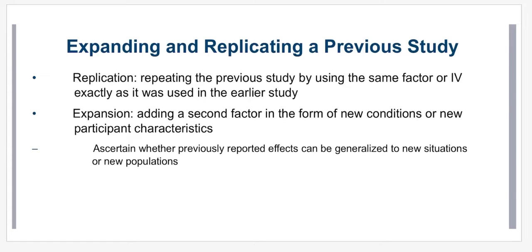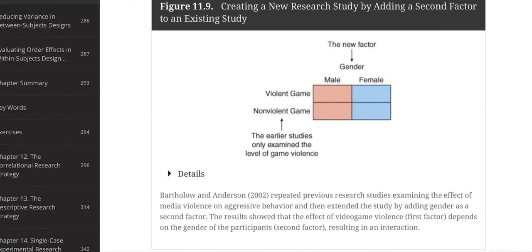The example that they used in your book was that aggression study, the video game violence. They wanted to study if video game violence led to more aggressive behavior. Other studies had previously been established showing that being exposed to more violent media, whether that's TV or movies or video games or whatever, would lead to possibly more aggressive behavior.